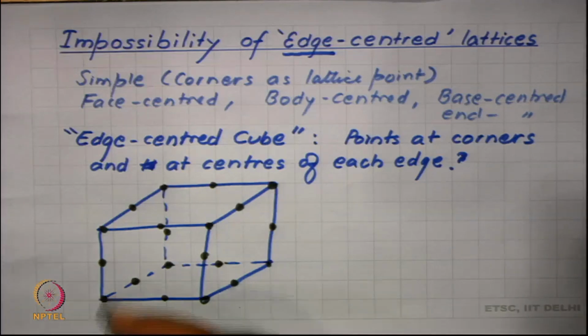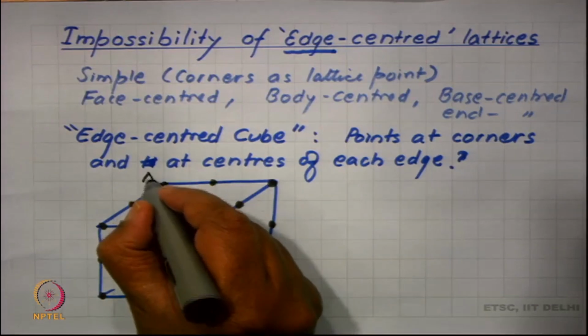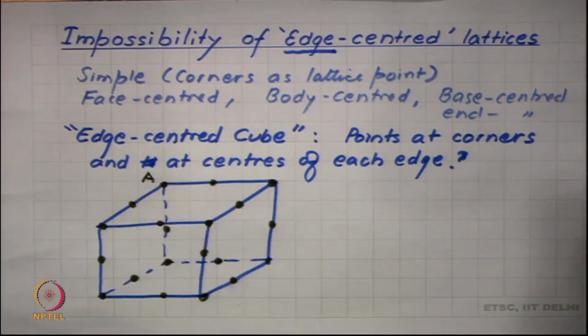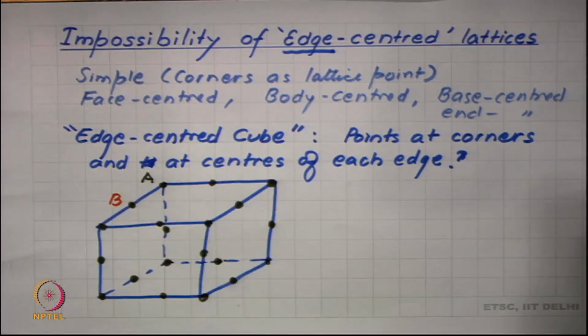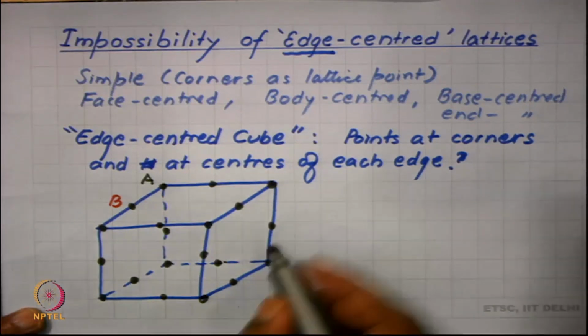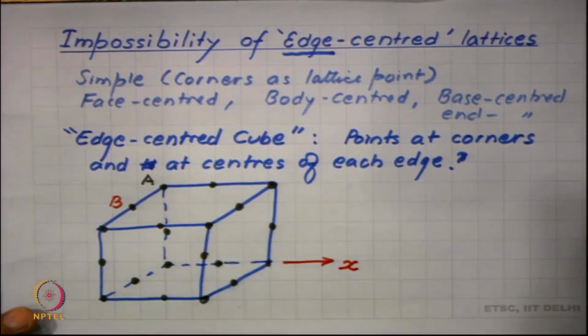So, let us look at point A. Let me call this point A and let me call this point B. And let me choose this direction as my x direction.